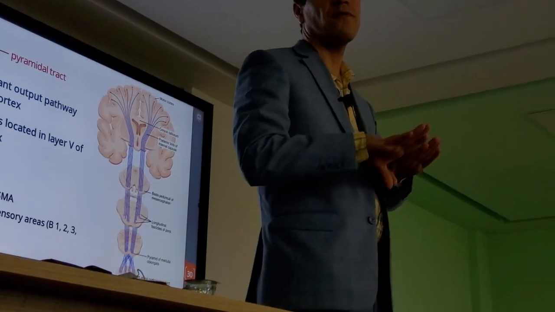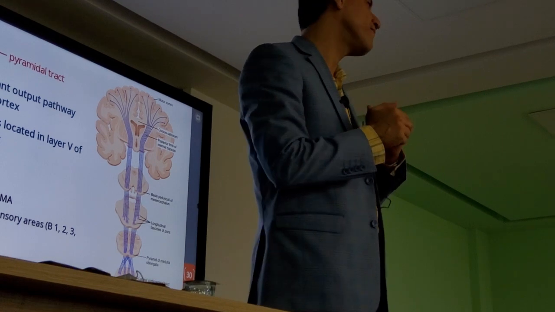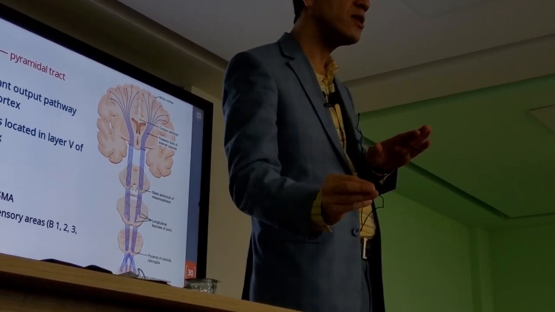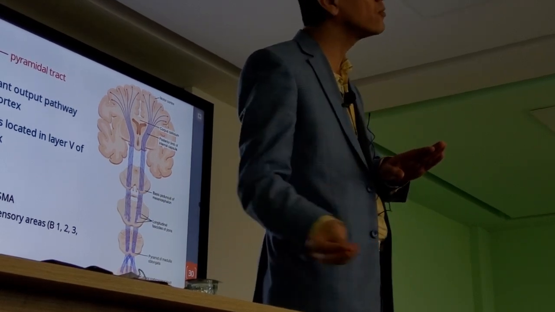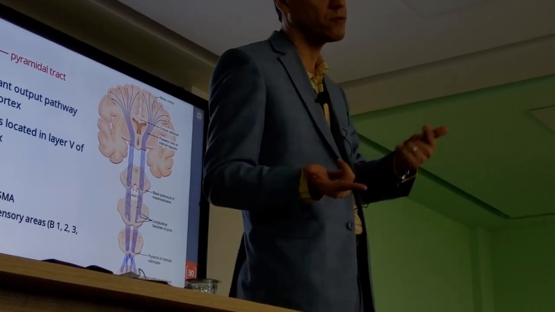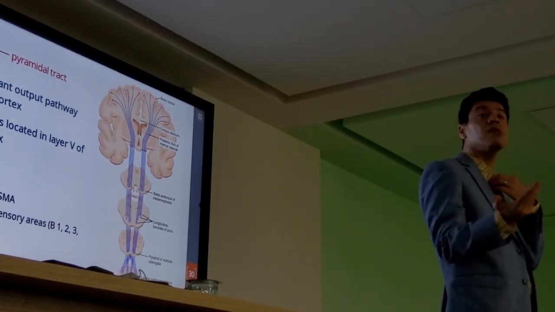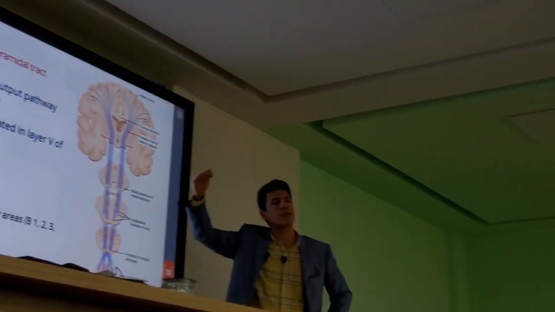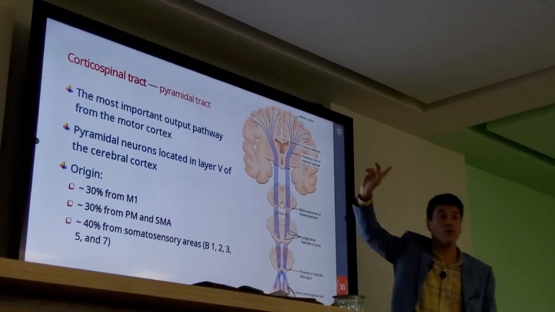Maybe it's a matter of feedback regulation of the upward sensory system. I mean, the brain may decide about which sensation is allowed to come to the brain, which sensation is not allowed to come to the brain. Maybe this is the function. Or maybe it has really some functions in movement. Okay? So, anyway, corticospinal tract originates from these areas of the brain.